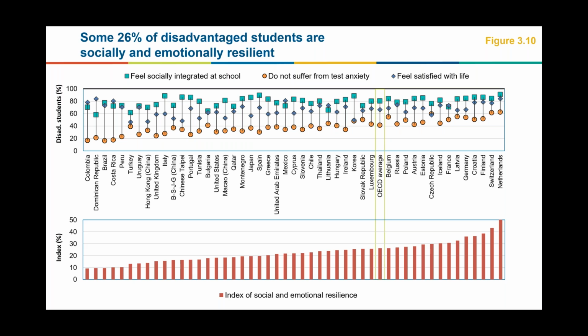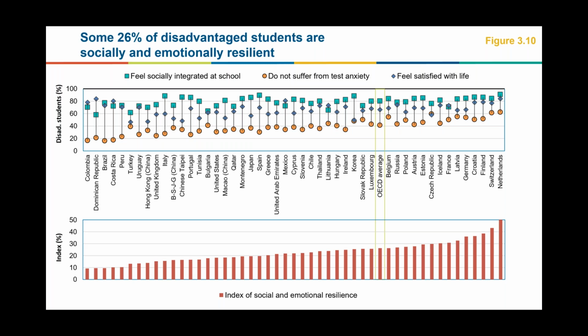If you look to Colombia or the Dominican Republic or Brazil, the share of students who are not suffering from test anxiety is very low. So anxiety is a really important problem. Social integration varies across countries for those who come from disadvantaged backgrounds, and then also life satisfaction.